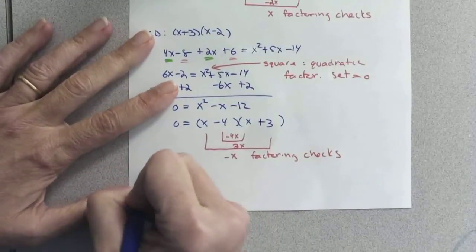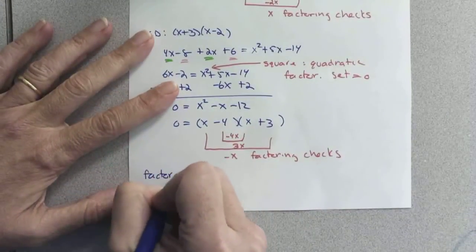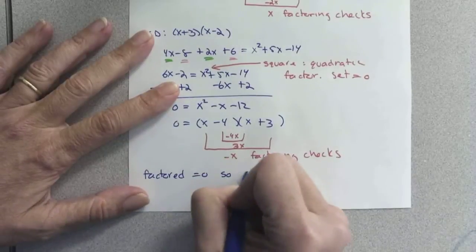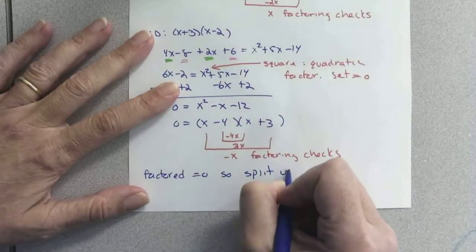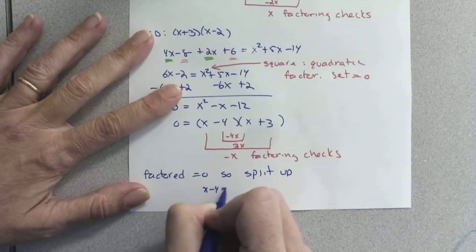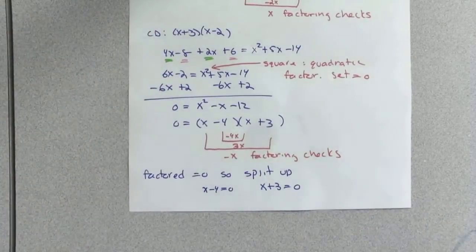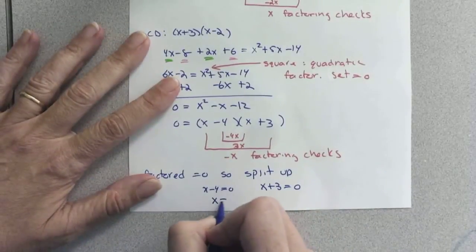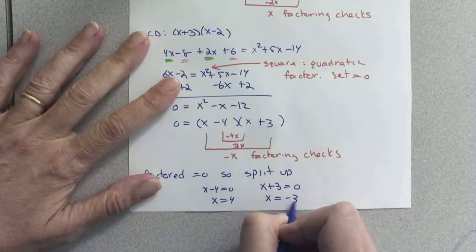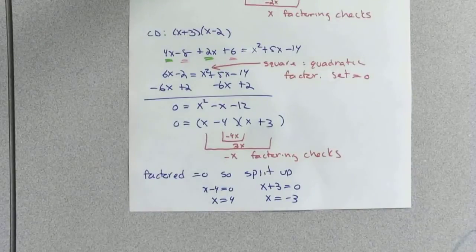And now that it's factored and equal to 0, so we split it up. X minus 4 equals 0. X plus 3 equals 0. So x equals 4, x equals negative 3. And so you happily type those into the computer.